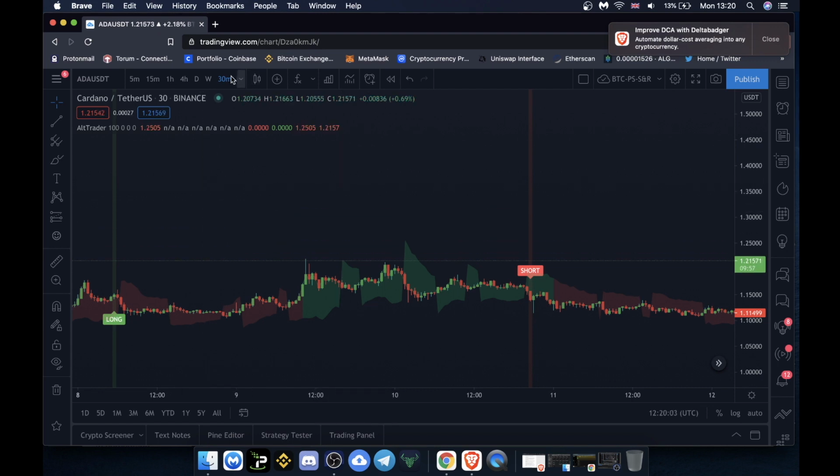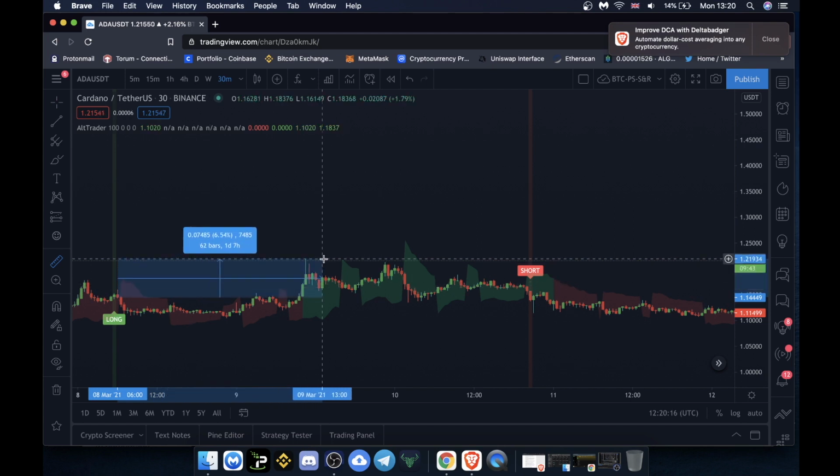So we're on the 30-minute chart today, and this is Cardano USDT. What I want to do is give you an idea as to when we have a flag and when we place our trade, and what kind of percentages we can be looking at in terms of where you could easily get in and out. So here's a good example.